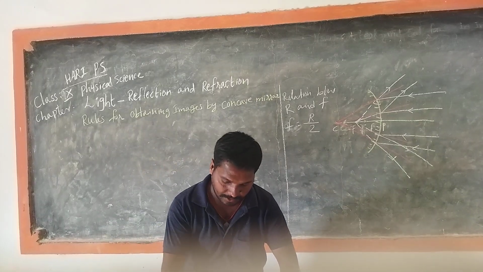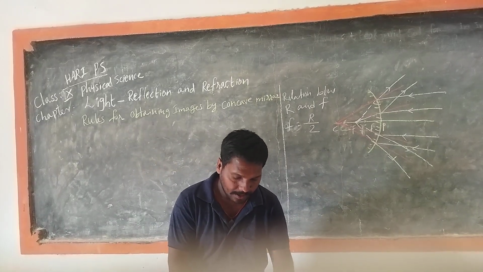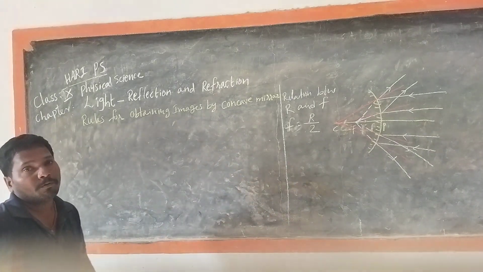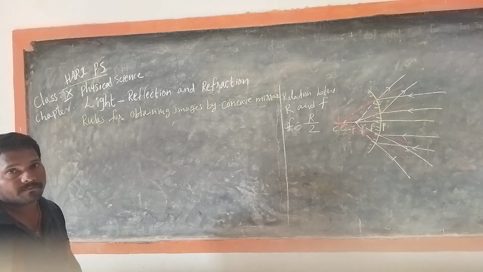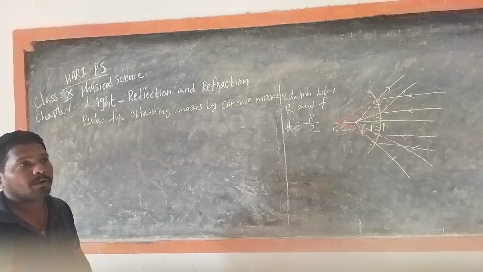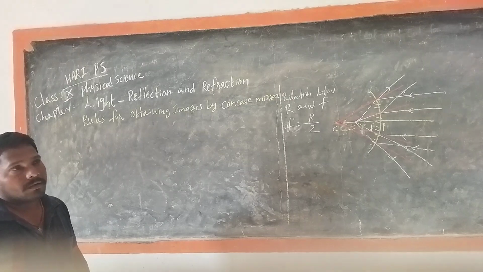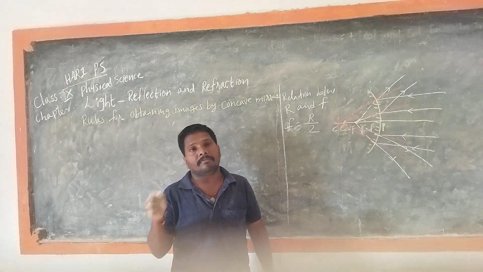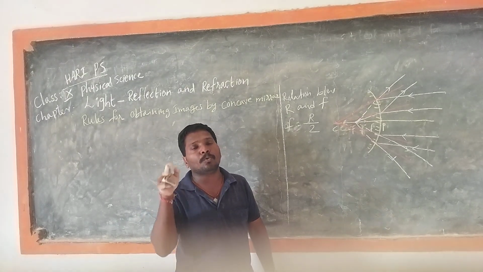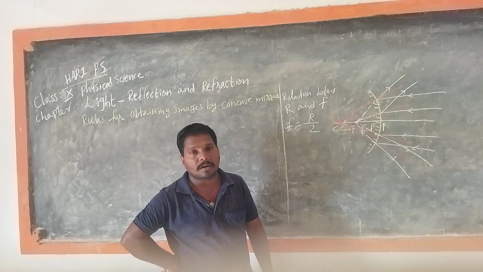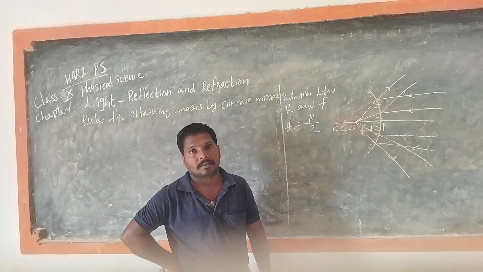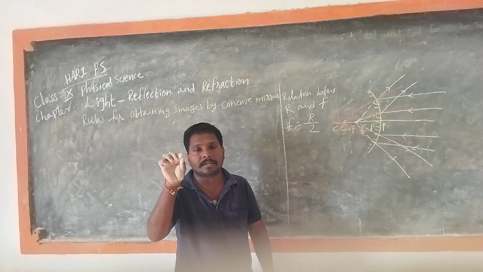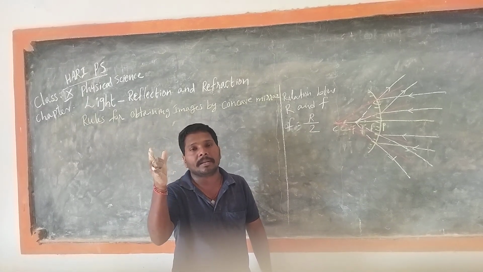Then coming to rules for obtaining images by concave mirror. The image is formed at the point where at least two reflected rays converge or appear to diverge from.